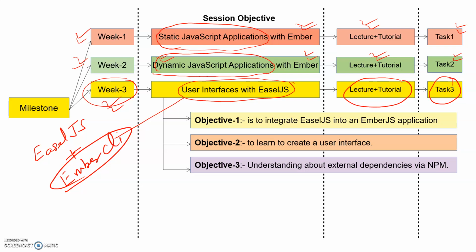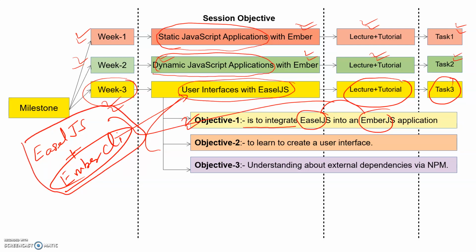In order to achieve this aim, 3 objectives have been framed here. Objective 1 says how you will integrate EaselJS with EmberJS. The same I explained here: EaselJS plus EmberJS. Then objective 2 is to learn how to create a user interface.